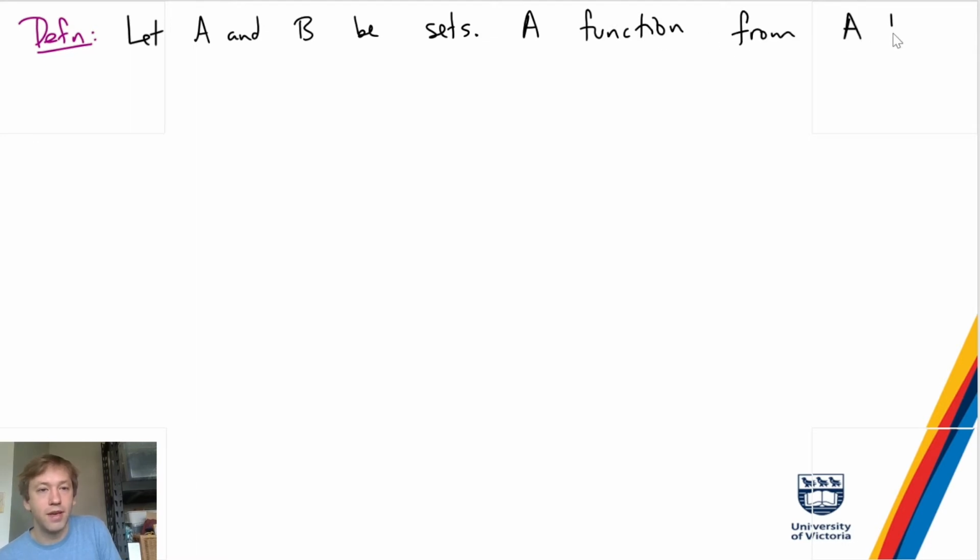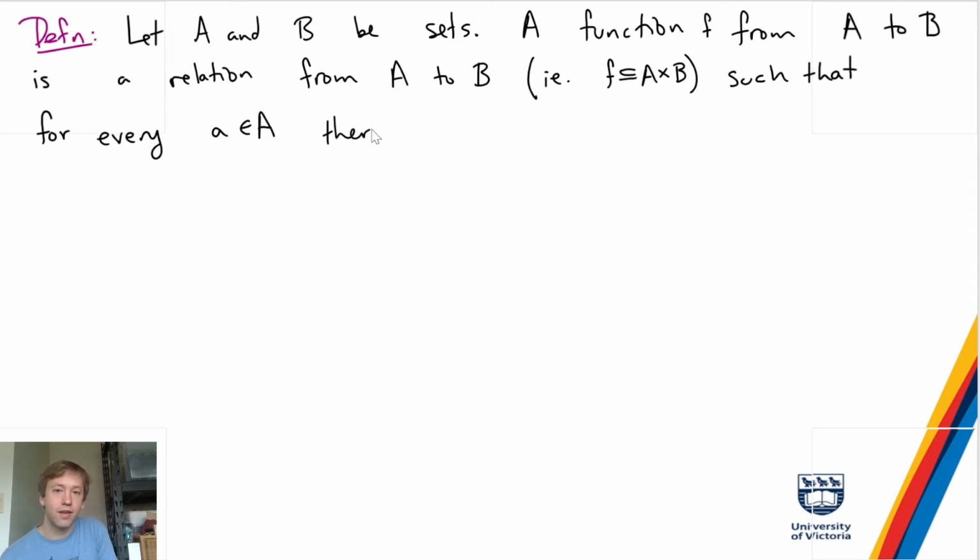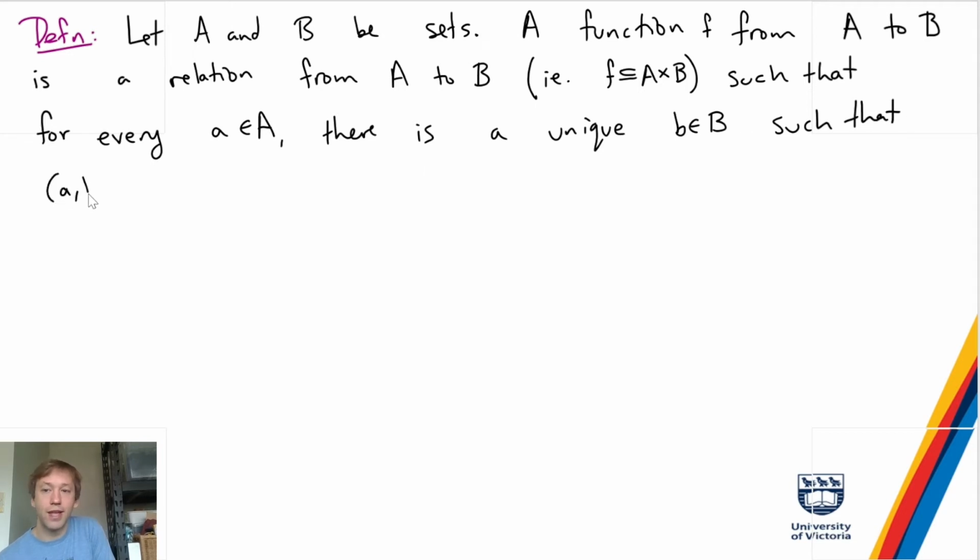A function little f from A to B is a relation from A to B. In other words, it's a subset of A cross B such that for every element little a of A, there is a unique element little b of B such that a is related to b under the relation f, meaning the pair (a, b) is in f.